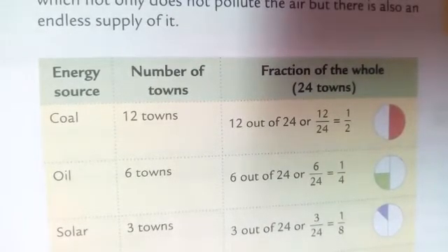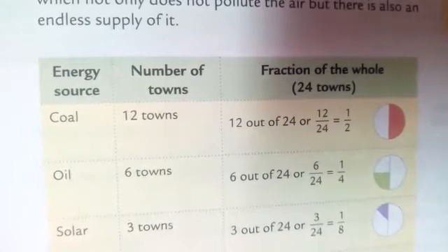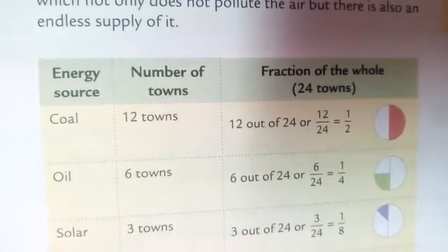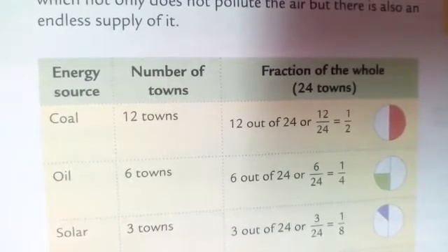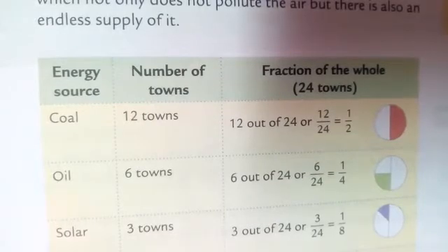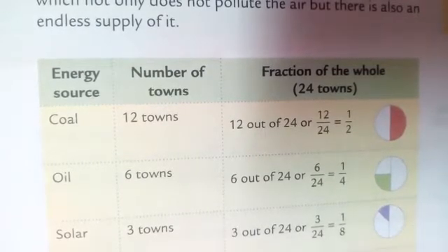Maybe it is about vehicles, then you first find the total number of vehicles. So whatever information is given, first and foremost you have to find the total number. From that, for each data we have to find the fraction of it.